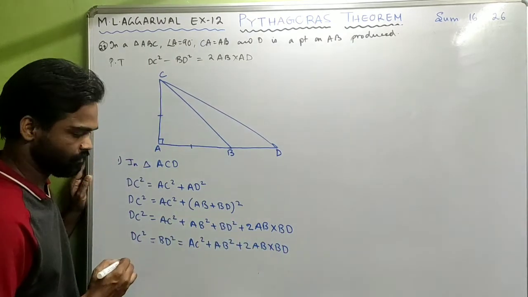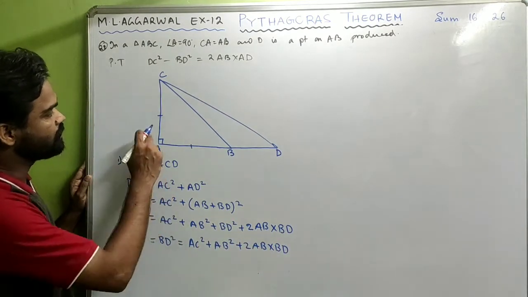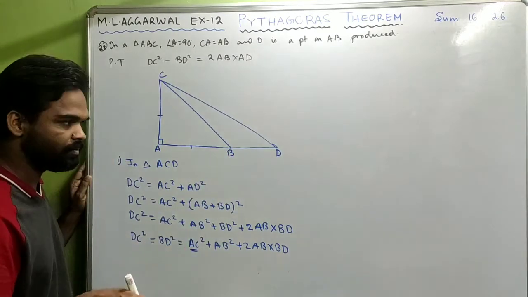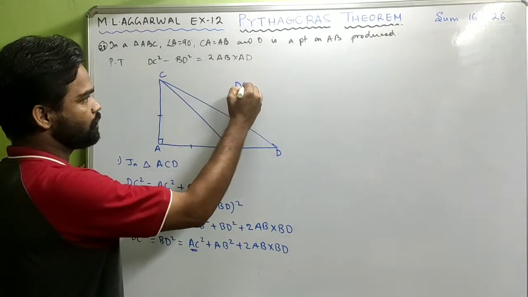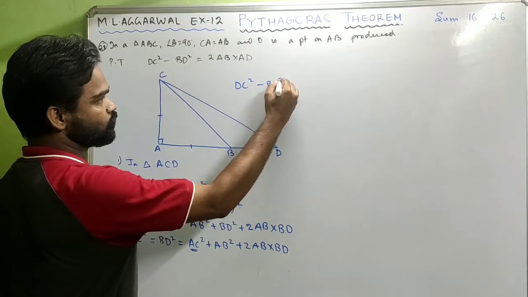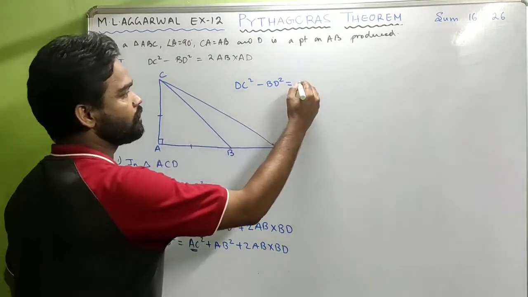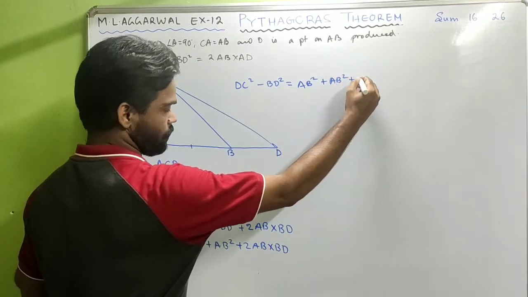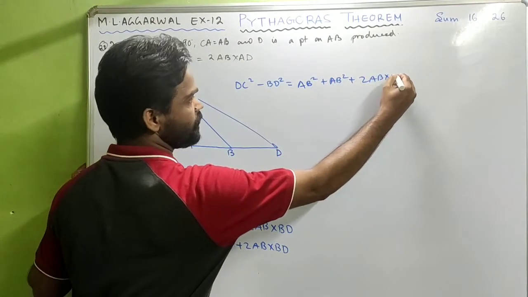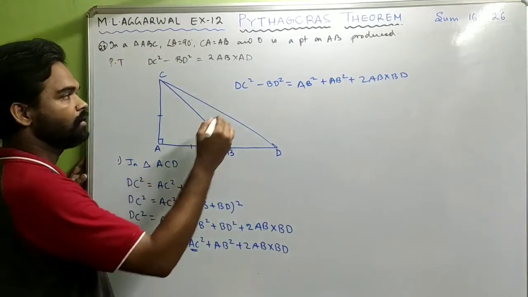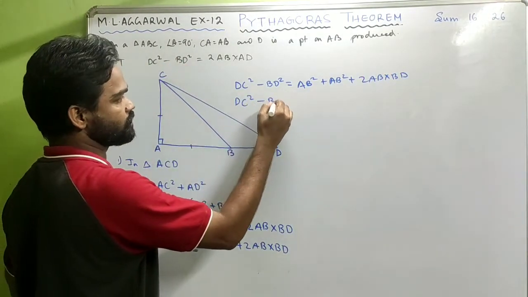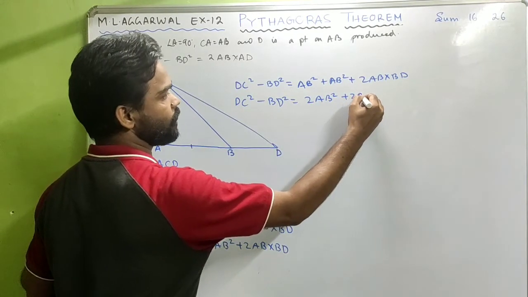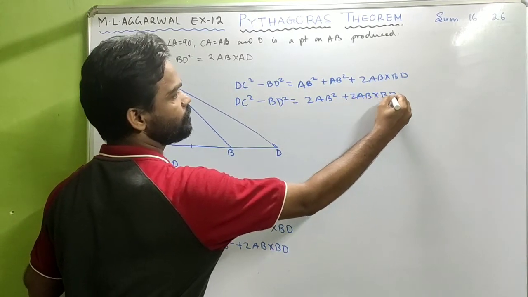Now look carefully. AC is equal to AB. So instead of AC, can I write AB? So this becomes DC square minus BD square is equal to, instead of AC I write AB square plus AB square plus twice AB multiplied by BD. Done. Now this is DC square minus BD square equals twice AB square plus twice AB multiplied by BD.